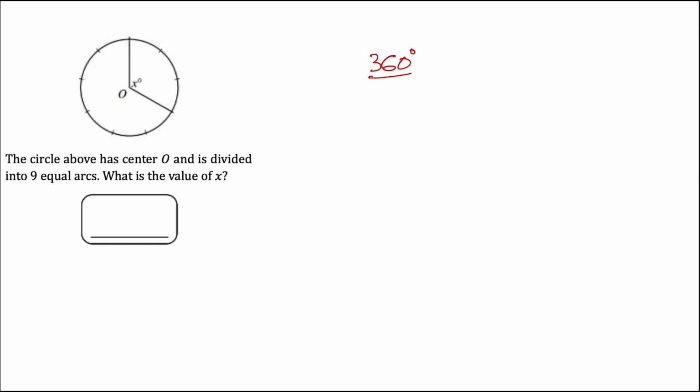So we should divide 360 degrees by 9, which gives 40 degrees. So the angle x is made with 3 parts. So that means the angle x is equal to 40 into 3, which is equal to 120 degrees.